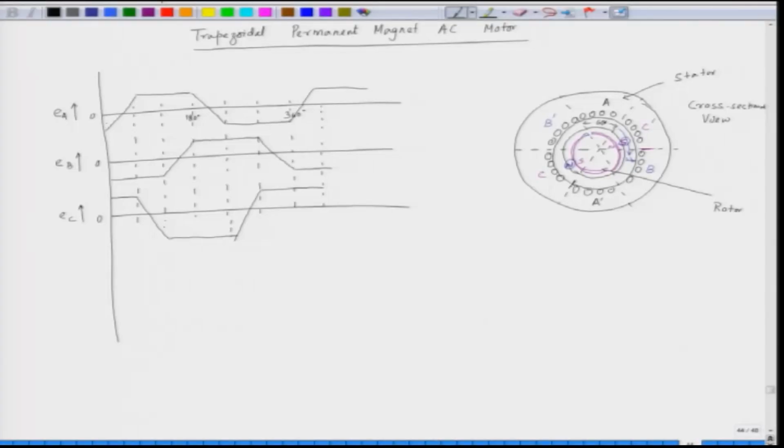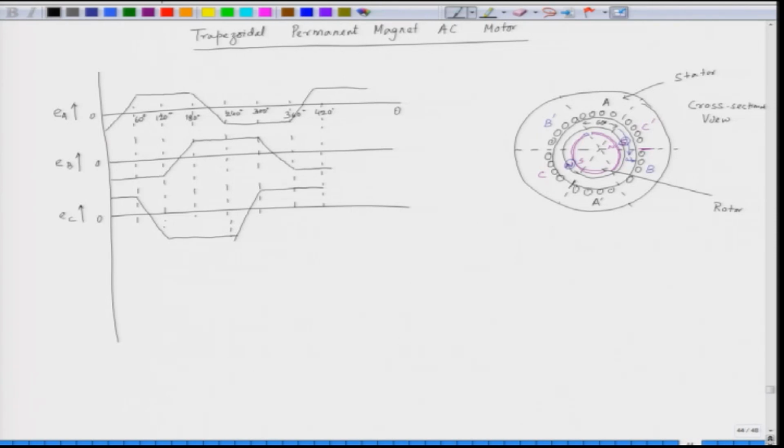So, here we have the phase A, phase B and phase C induced EMF. These intervals are 60 degree here, 120, 180, 240, 300, 360 is here, and then we have 360 plus 60 is 420 and so on.